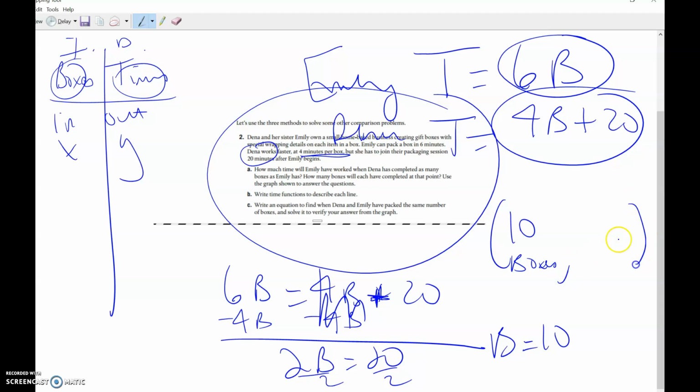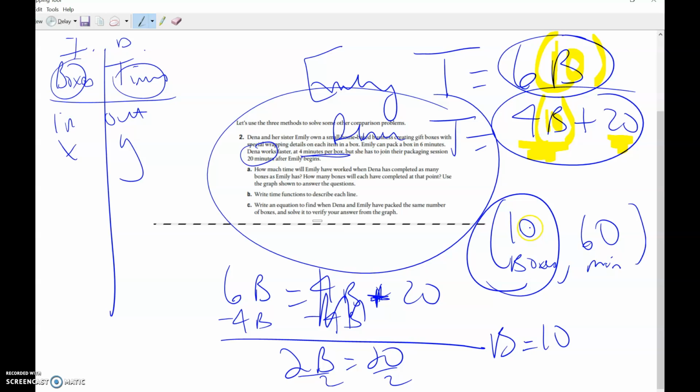Now, if I shove that in, put 10 in for boxes up here, you're going to get 60 minutes. And if you put 10 in here, you're going to get 40 plus 20, which is also 60 minutes. So 60 minutes is your output. So what your break-even point means is when they both make 10 boxes, then the time for both of them would be 60 minutes.